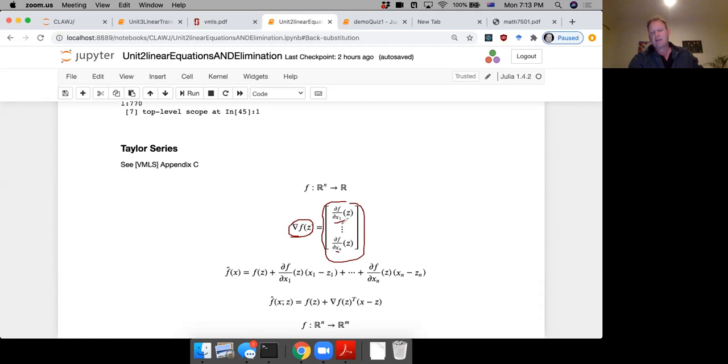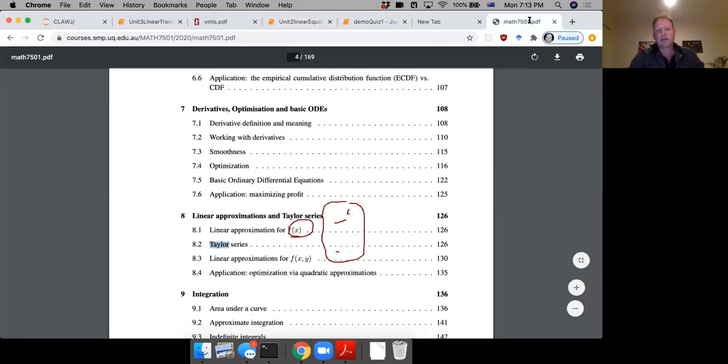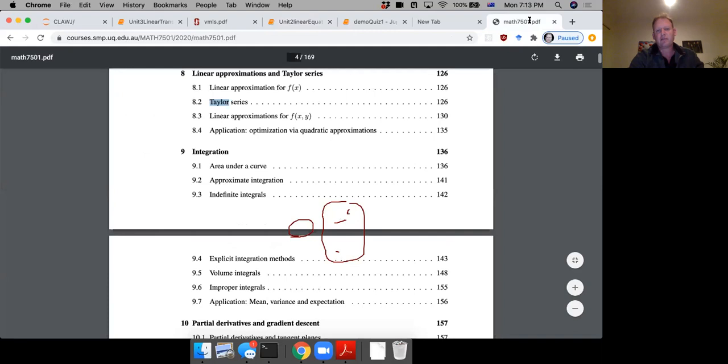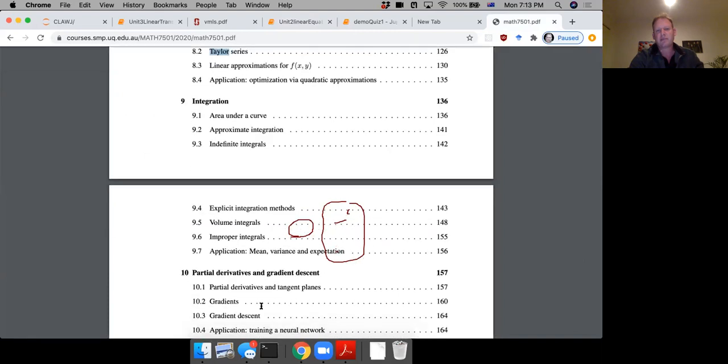And it's computing the value of those partial derivatives at some point z, and the gradient vector basically points in the direction of steepest ascent. Again, if you go to the MATH7501 course reader, you have partial derivatives and gradient.